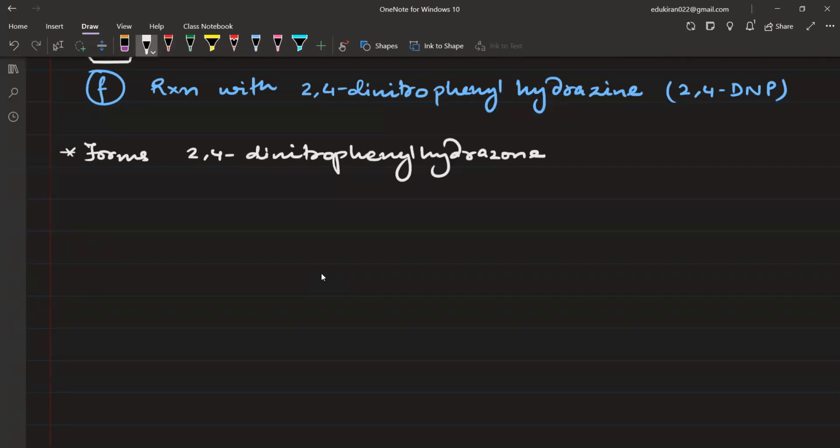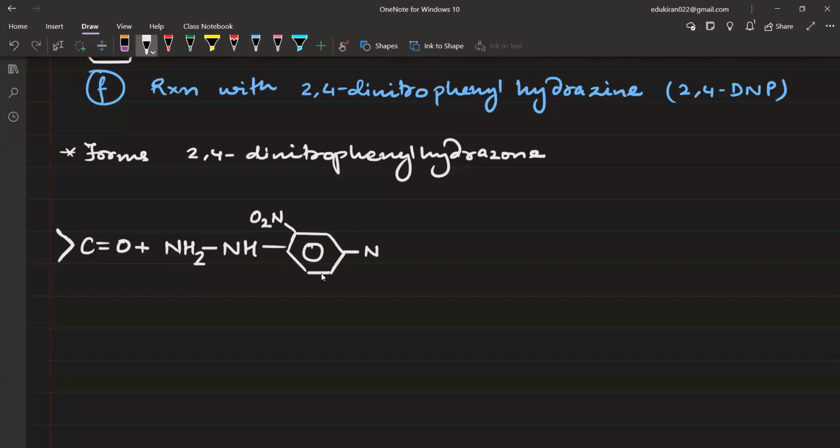So what happens here, please see. You have carbon doubly bonded to oxygen, plus you have NH2, NH bonded to a benzene ring. Then you have NO2 here and NO2 here. So what you are going to get?